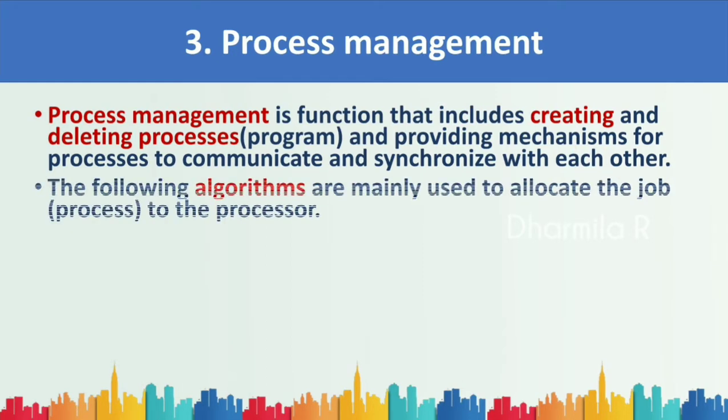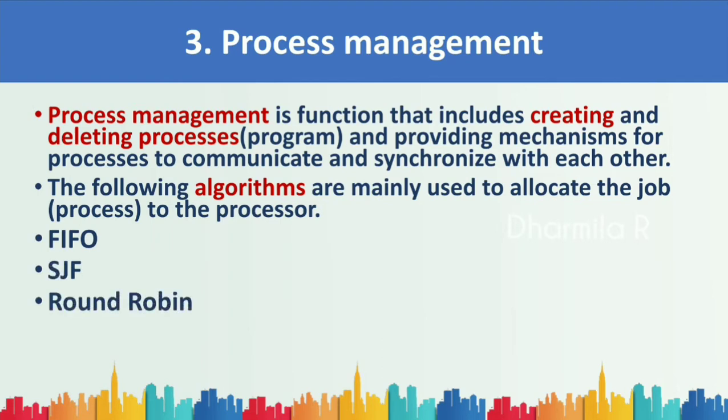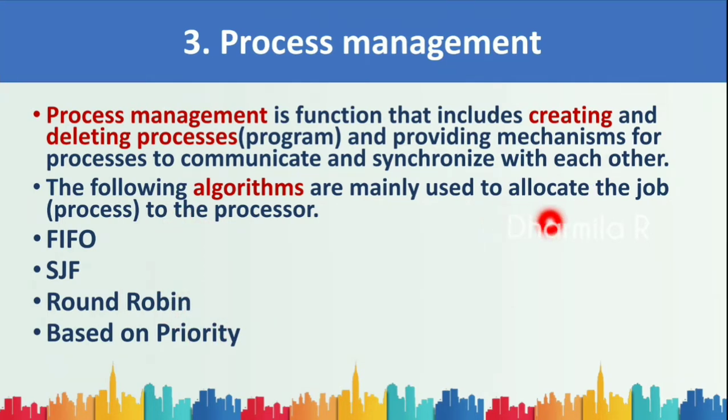So let us see what are the algorithms that are mainly used to allocate the job to the processor. First in first out, shortest job first, round robin, and based on priority. So these four are the algorithms used to allocate the job to the processor.